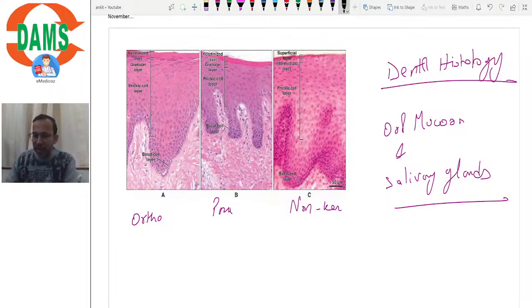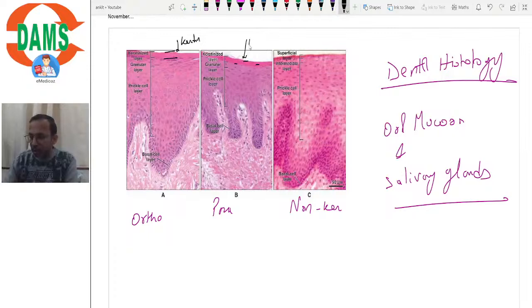As you can see in this first diagram, you will notice that there is a thick layer of keratin, and there are no nuclei in it. But in the second layer, you can notice some flat nuclei in the superficial or keratin layer, the stratum corneum.